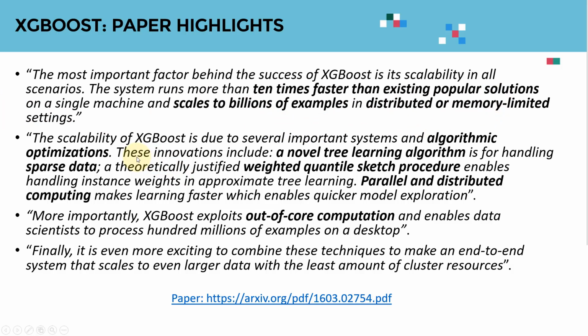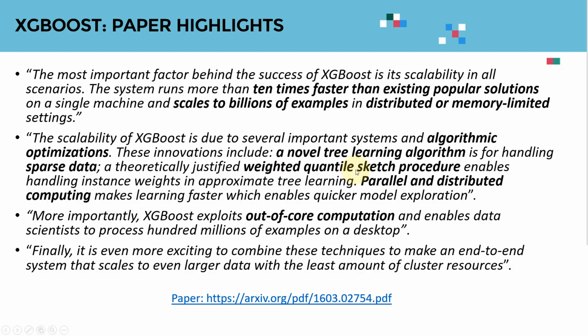What they mention in the paper is that the XGBoost algorithm provides a lot of algorithmic optimizations. There are tons of techniques applied in there. I'm not going to cover all of these techniques in detail, since there's a lot of math behind it, but from a very high level, there is a novel tree learning algorithm that can handle sparse data.